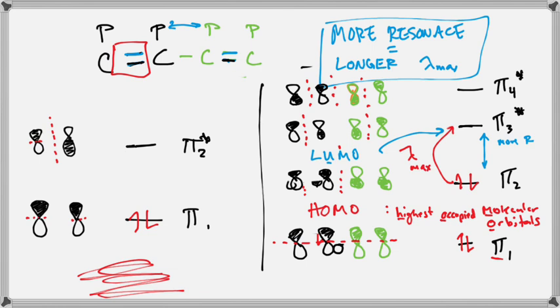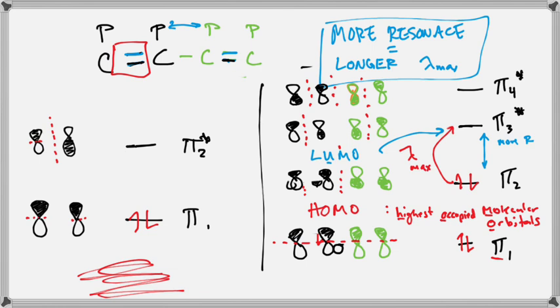Since the LUMO is less stable, is it higher in energy than the HOMO orbital? Yes. But we just call it lowest unoccupied. What's the lowest in reference to? It needs to be unoccupied so the electron can make the jump. But I'm not going to pi 4.